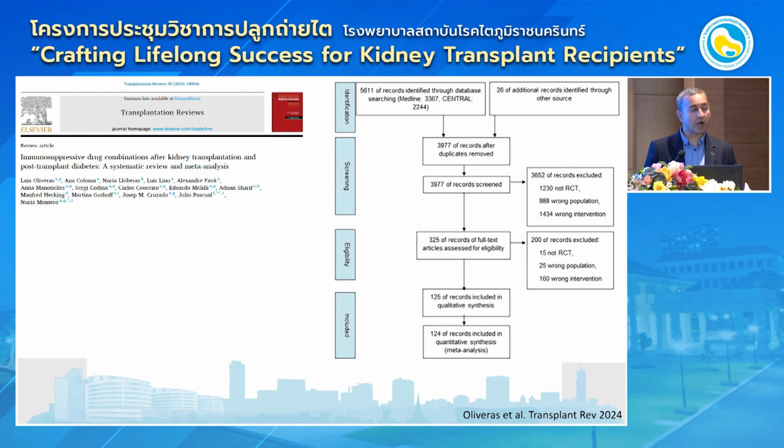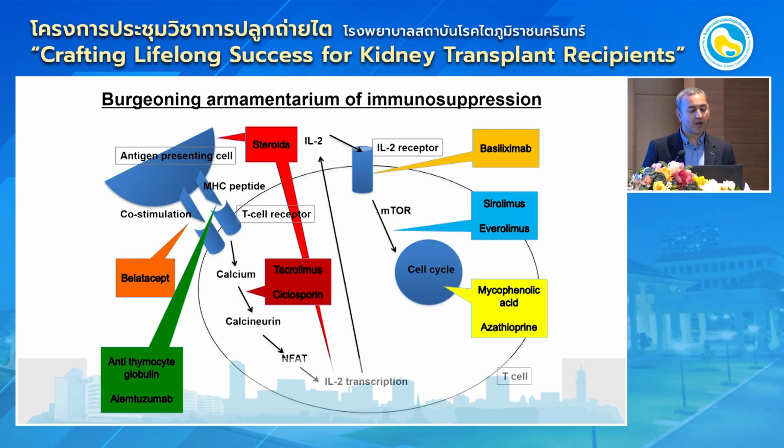You can see that there were 125 studies in the analysis, of which 124 were available for meta-analysis. I'm not going to go through all the different studies that were involved, but I will summarize what the literature tells us for all of these different induction and maintenance immune suppressants.